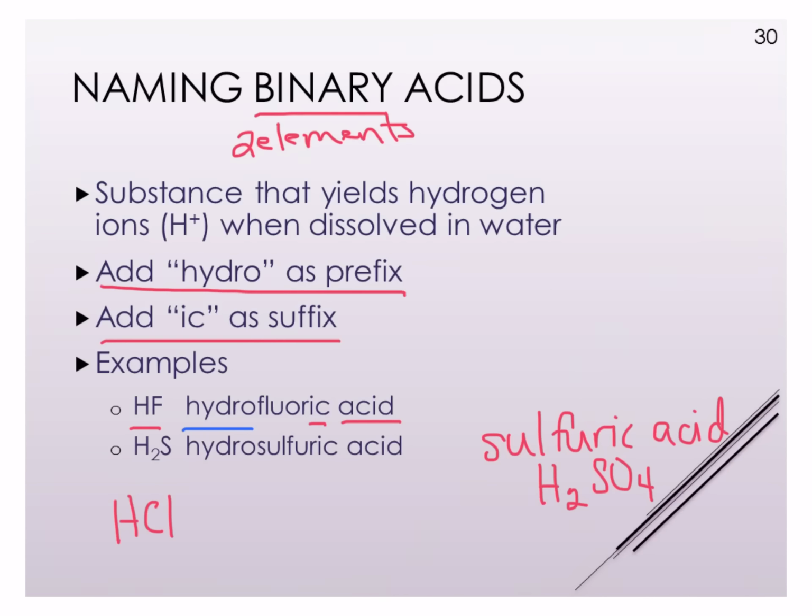We put a hydro at the beginning, so we end up with hydrochloric acid. And we can do that for all of our binary acids, those acids containing two different elements. One of those is going to be hydrogen typically, and the other is one of our non-metals that typically forms an ion.